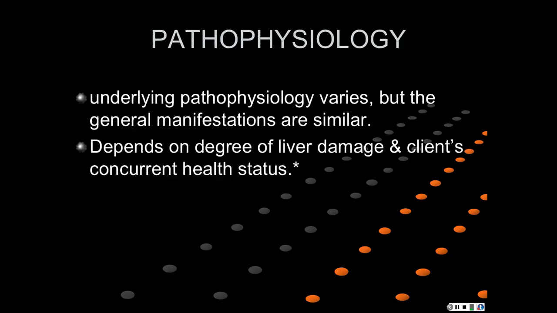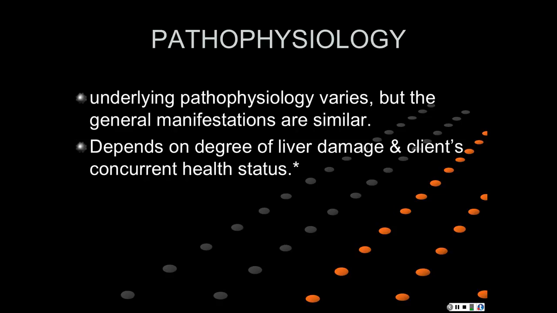Pathophysiology, again, you're never going to get questions that will ask you about patho, but it helps you in terms of understanding the disease process. It's going to vary depending on the cause, but basically, a lot is going to depend on how much of the liver has been damaged, as well as the client's concurrent health status.